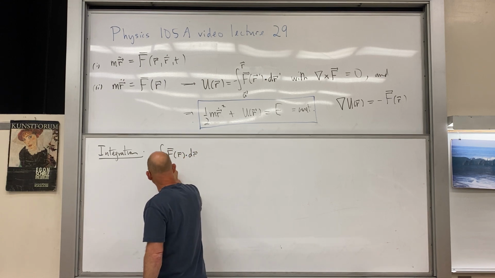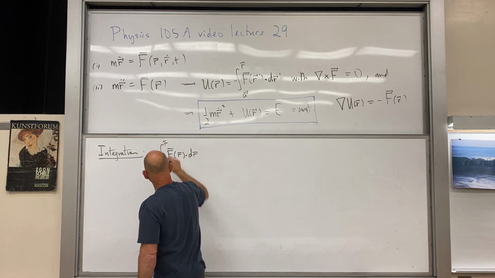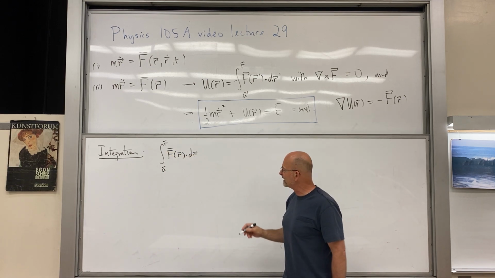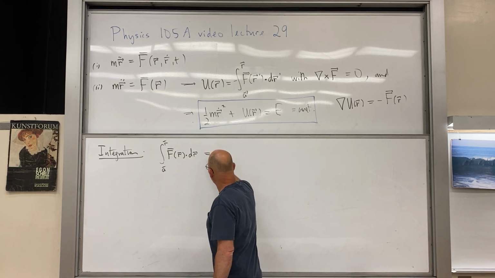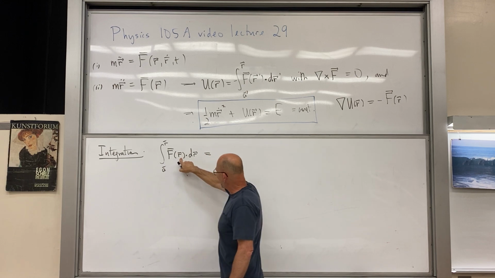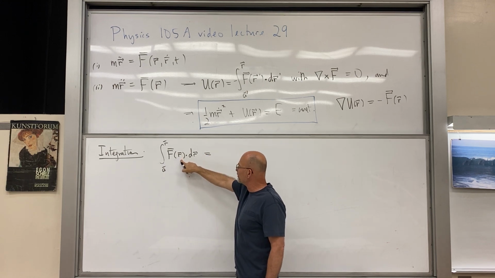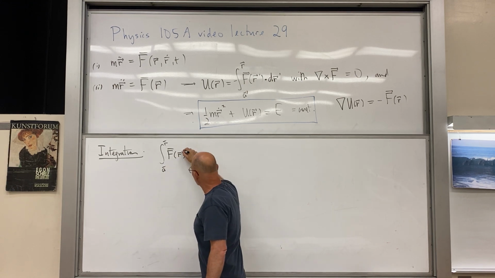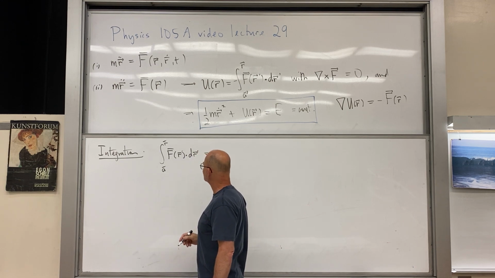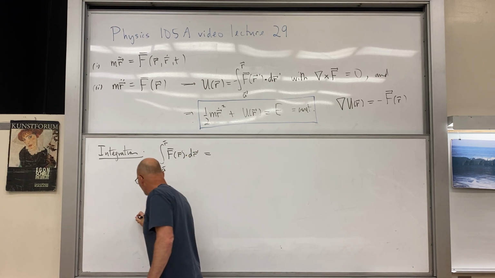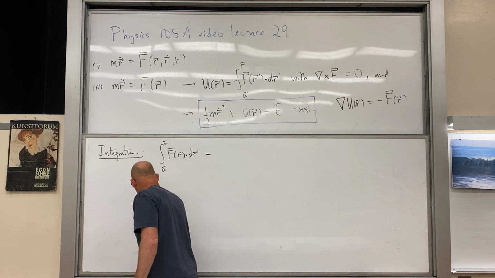So that's just symbolic. If we wanted to do a concrete integral, we would have to find or have a parametrization of the curve that goes from A to R. This is R prime again. We need a parametrization because this is actually a curve in space.